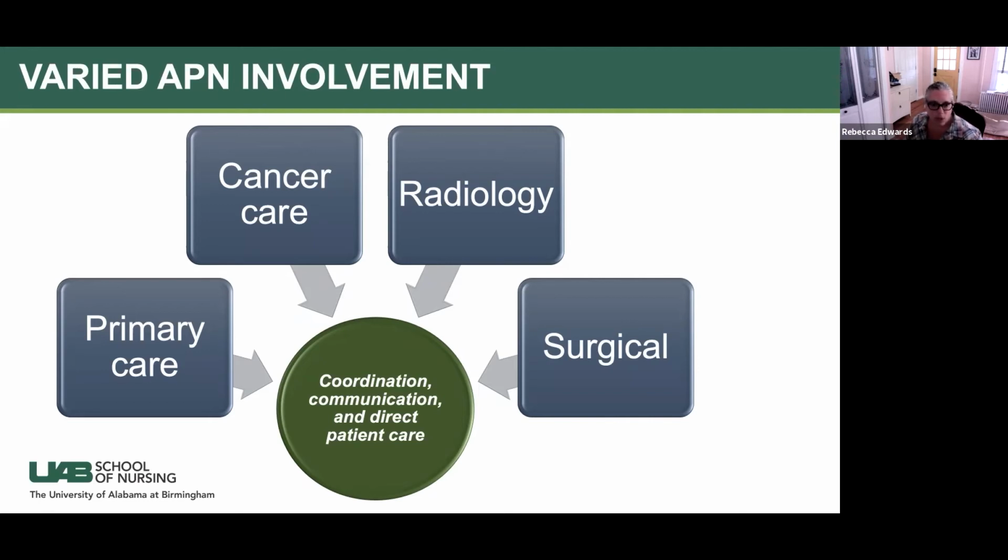So it may be in that primary care type setting where the nurse practitioner or advanced practice nurse is initially involved. It may be in cancer care, which was my area, where we would see the patient once they had a cancer diagnosis and would be navigating them through their treatments and follow-up, et cetera.